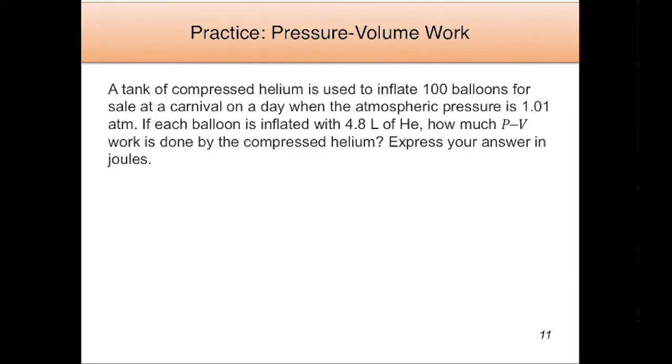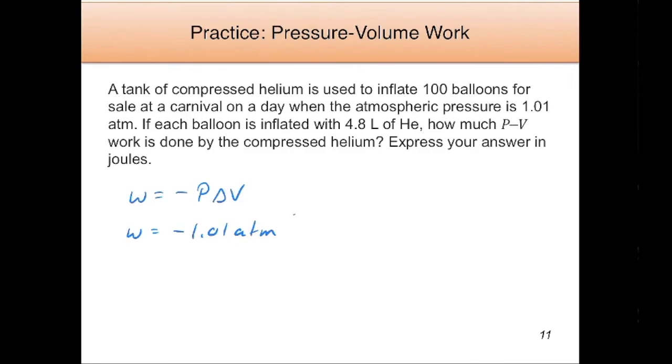So from our previous slides, we know that W equals minus P delta V, and we know what the pressure is, so work is going to equal minus 1.01 atmospheres, and the change in the volume is going to be initially 0 because the balloon has no volume and no helium in it, and it's finally going to be 4.8 liters per balloon.